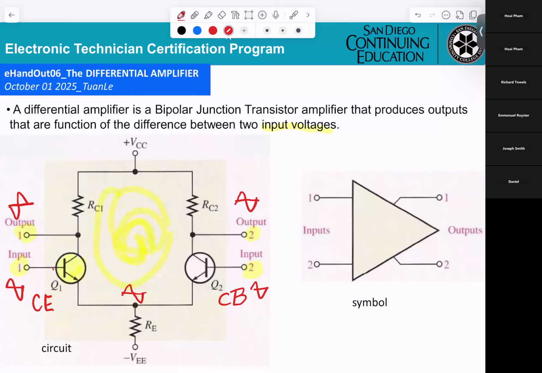Why do I say common base? You open the common base, you can see the input goes to the emitter, output from the collector. That's why I say common base. Second thing, input and output will be in phase. That's the only thing you must know.